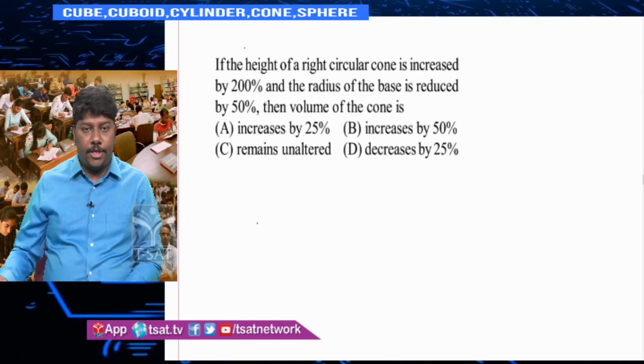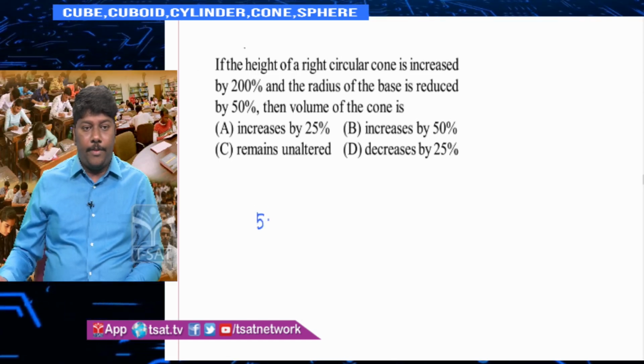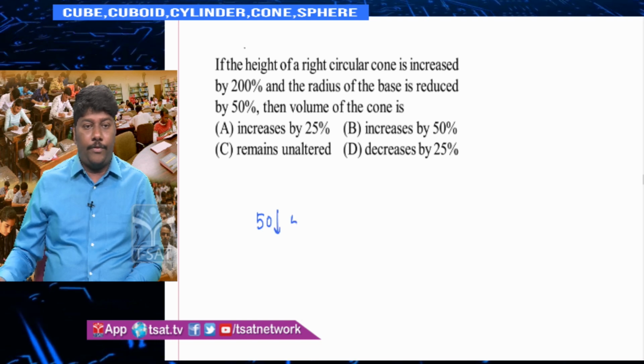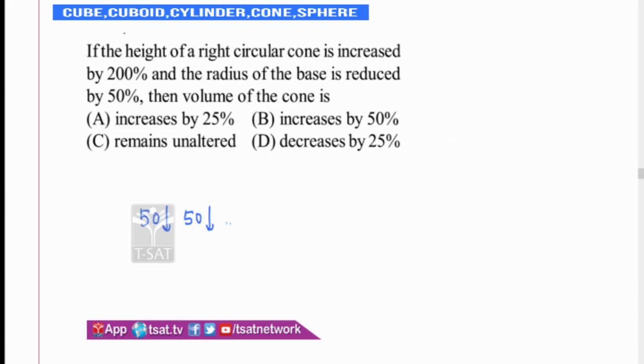So in terms of percentage, you have 50% decrease followed by 50% decrease followed by 200% increase. You can make use of the formulas. x decrease followed by x decrease is 2x minus x square by 100 is the formula. If you substitute 50 and 50 in that, 100 minus 25, 75% decrease followed by 200% increase.